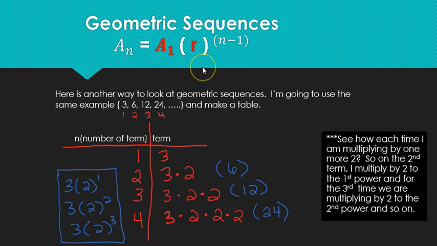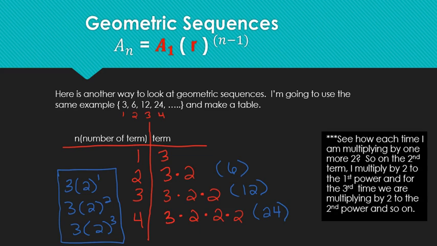Alright, another way you can look at it is the number of terms. You can count which term the number is. So the first term is 3. 3 times 2 would give me 6.